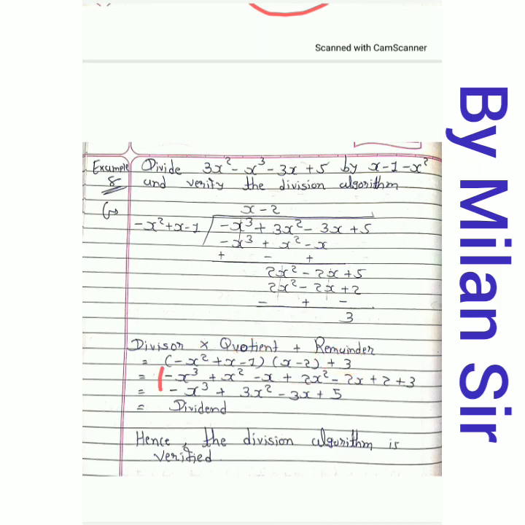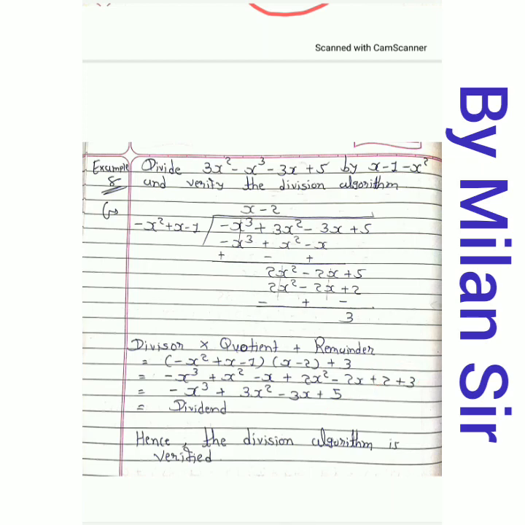Now x cube minus x cube cancels, here x square plus 2x square, so plus 3x square. Then here minus x minus 2x, minus 3x, bigger number sign minus. Then 3 plus 2, 5.